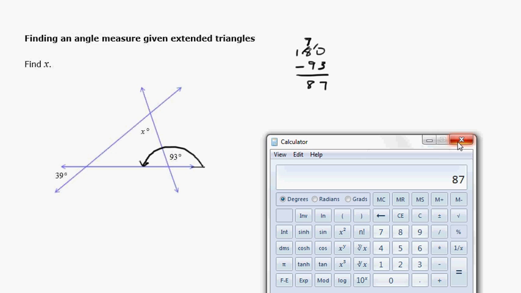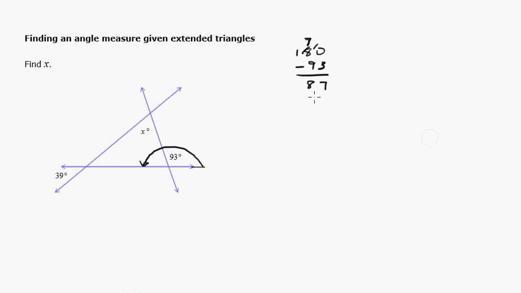All right, so where are we at? We know that this angle right here is 87. Now remember, when two lines cross, this angle and that angle are the same. And then this angle, we use that little notation, these are the same. So if this is 39, this is 39. I know that all of these must add to 180.